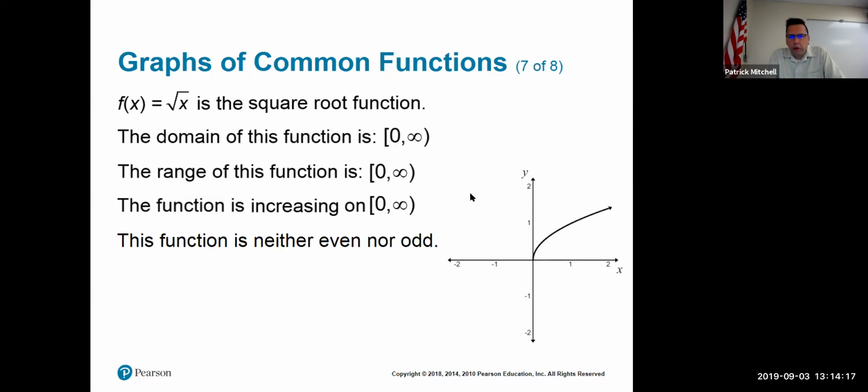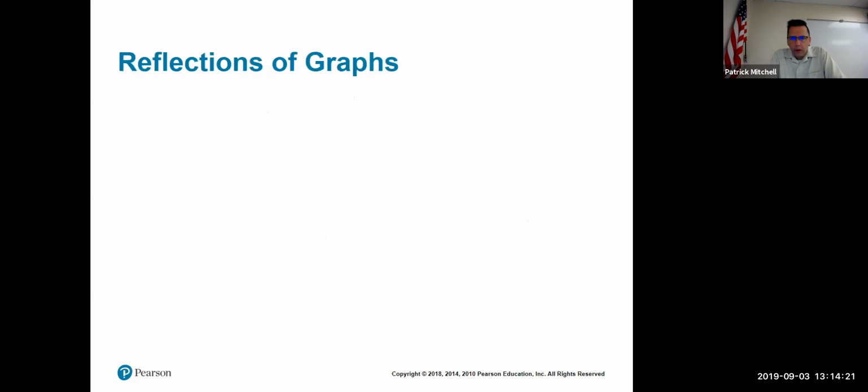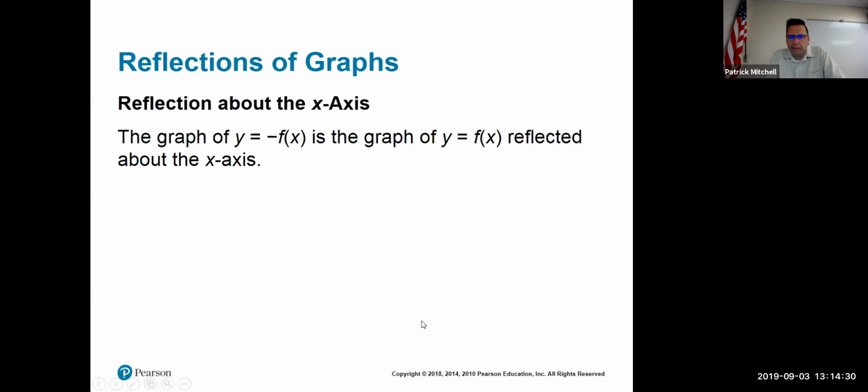It does not have any of the kind of symmetry that we have talked about. And then as far as your reflection across the y-axis, okay, well, actually, it's going to go over both kinds. So in number 3, we had a reflection about the x-axis. And the way that you make that happen is you just change the sign of the whole function. Put a negative sign in front of the whole function.